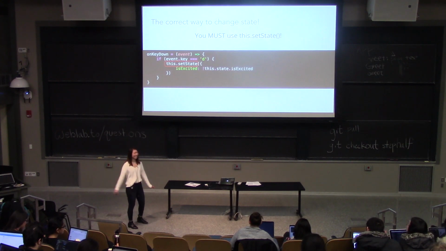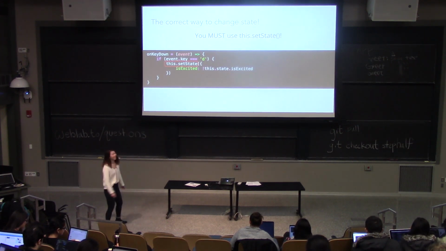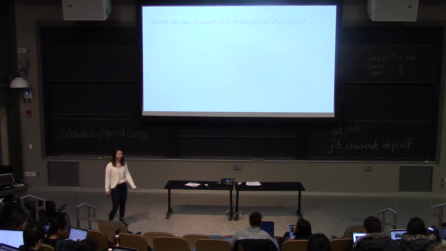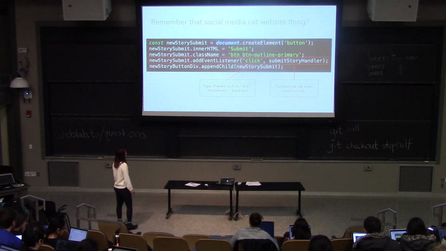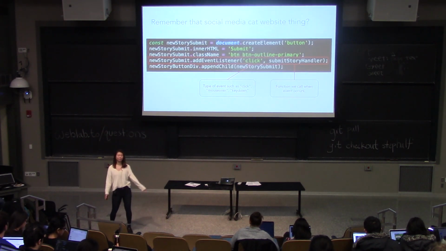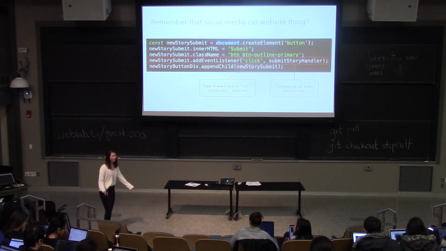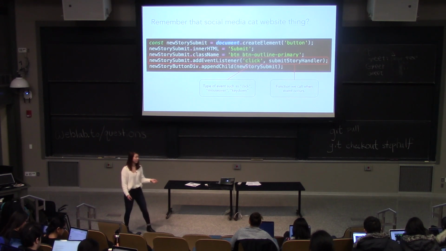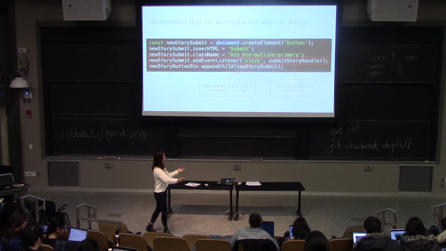Okay, so now you're wondering, this function is going to be kind of useless if we're not calling it anywhere, right? So what do we do with this onKeyDown function? Well, you guys remember Catbook from last week? We did a workshop where we had this line coded here: newStorySubmit.addEventListener, click, and then the function.